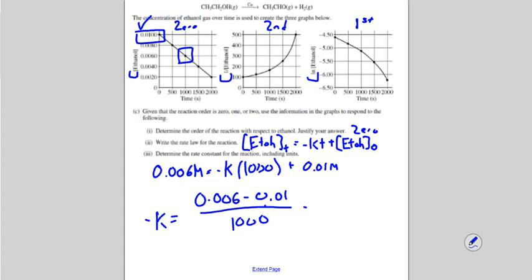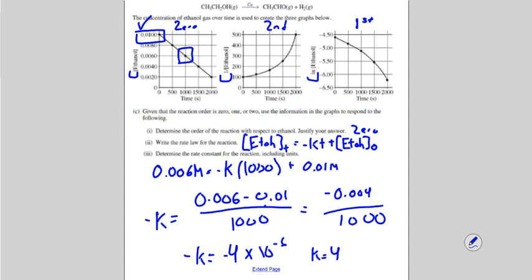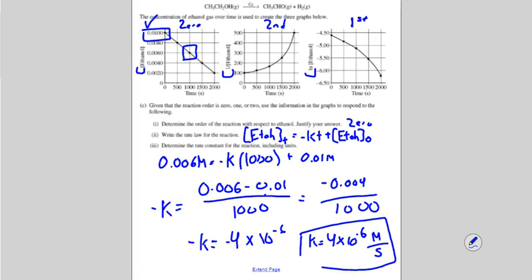So negative k is equal to negative 0.004 over 1,000, which means negative k is equal to negative 4 times 10 to the negative 6th. In other words, k is equal to 4 times 10 to the negative 6th. And because it's zero order, the units are molarity per second. Done. All right.